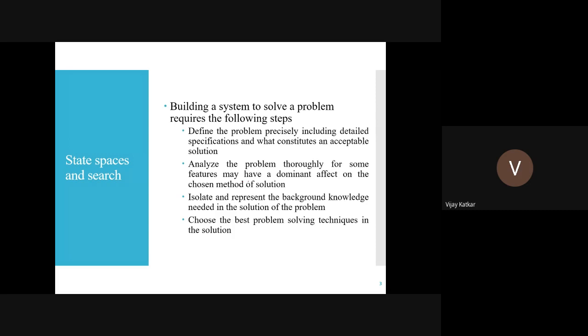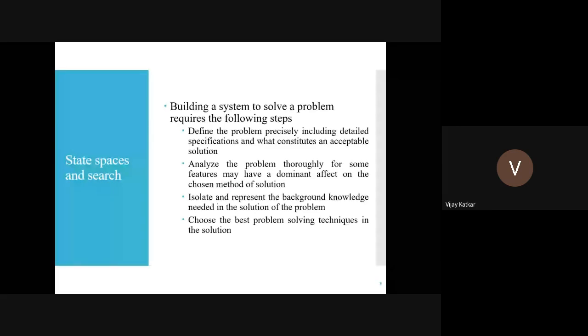Once you have defined the problem and what an acceptable solution is, you can analyze the problem for features that may have dominant effects on the chosen method of solution. That means analyzing how you can solve the problem, what criteria can be used to select the next move, whether there is any rule or procedure, and so on.